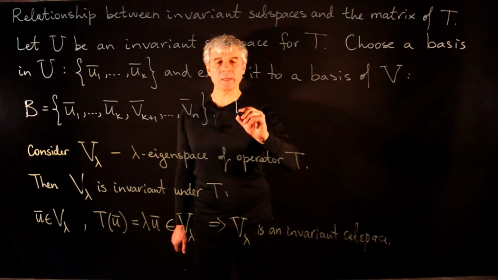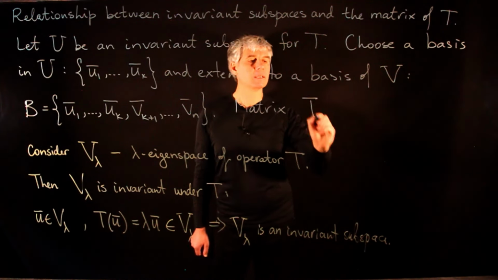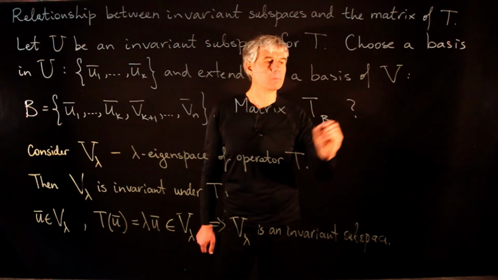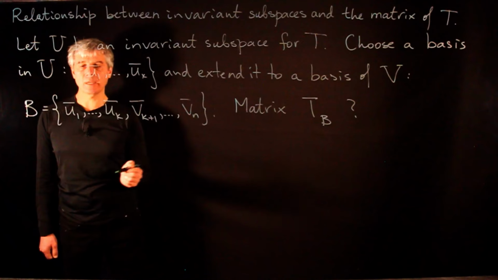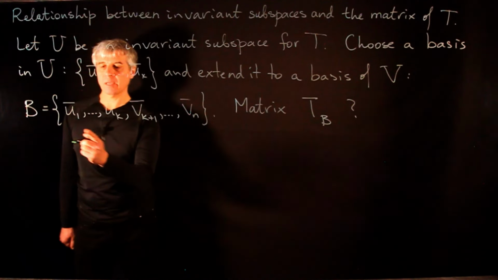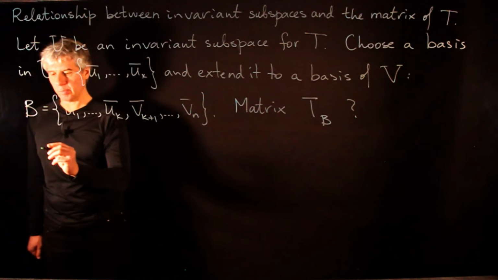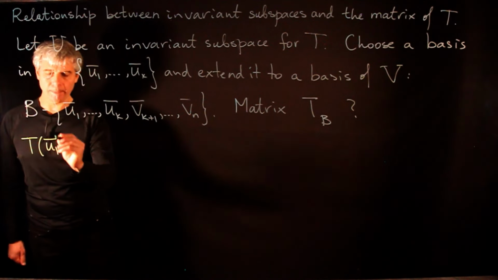Now, what can we say about the matrix of operator T in basis B? Our rule for constructing a matrix of a linear operator is that we need to find images of basis vectors and then expand these images again in the basis. So we start with T of u1.